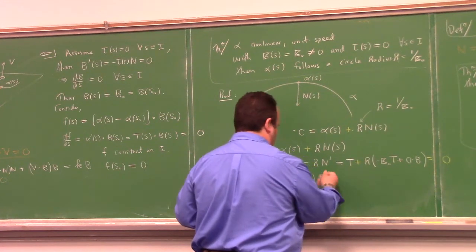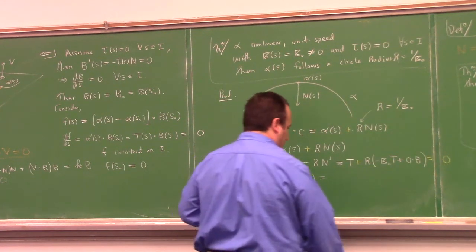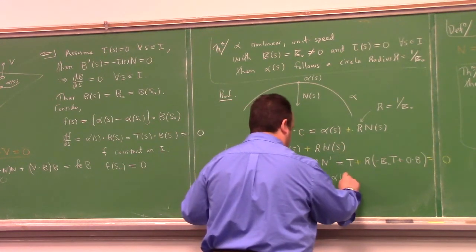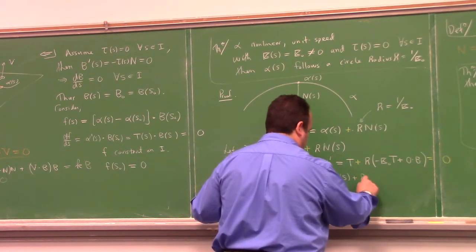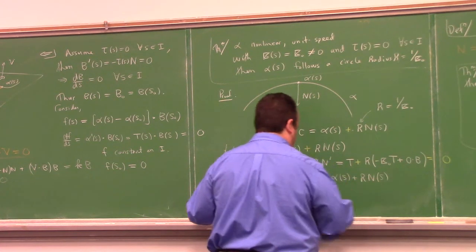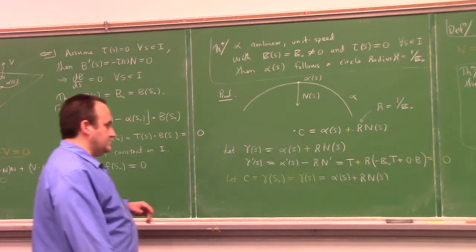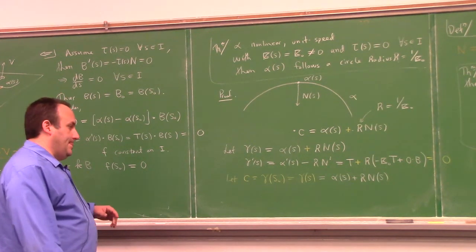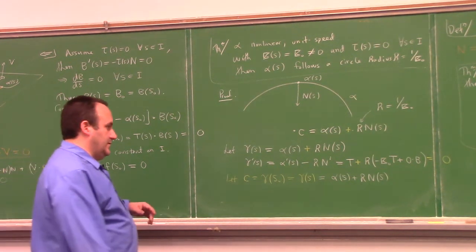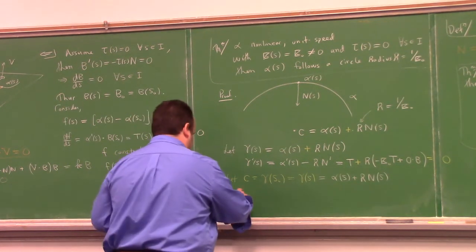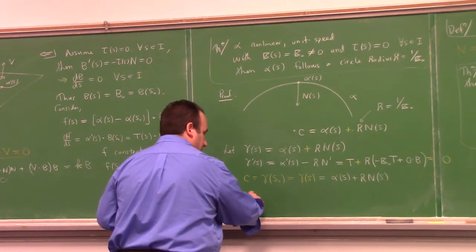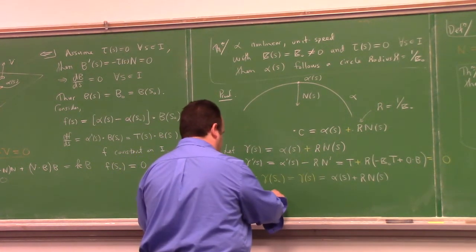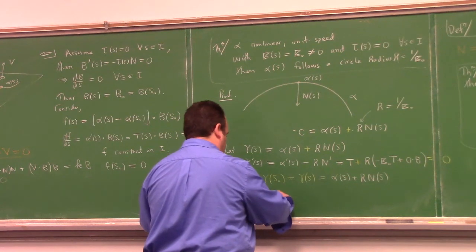Gamma of S is equal to alpha of S plus Rn of S, right? So that says that alpha of S is equal to C, which is a fixed point, minus R times n of S.